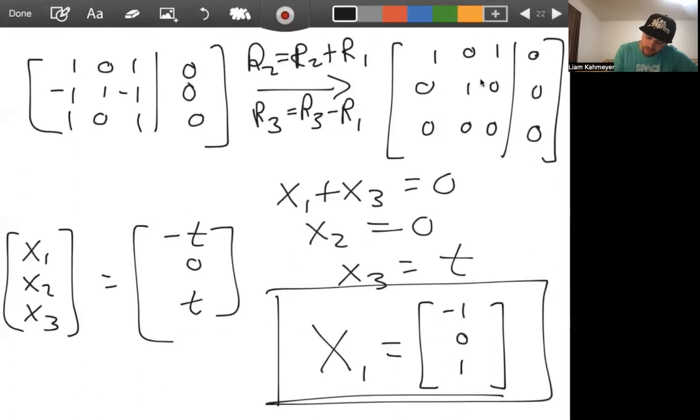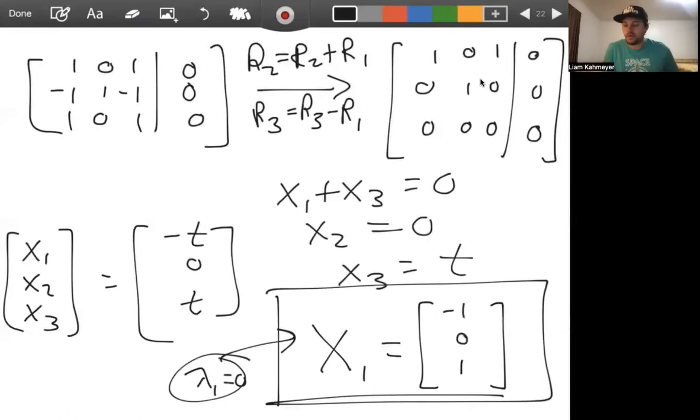And so this was for lambda 1 equals 0. We had the basic eigenvector -1, 0, 1, right? And so we need to do this for the remaining eigenvectors.